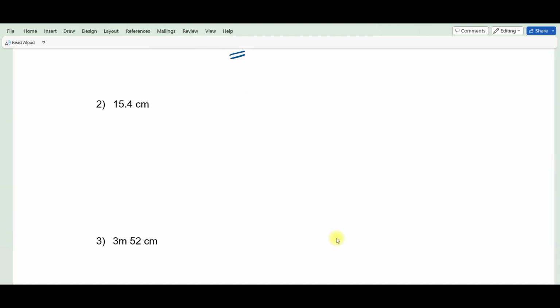Here again, the perimeter of a square would be 4 into s. So here it is 4 into 15.4. So I have to solve this, that is 15.4 into 4 times. So 4 4s are 16.